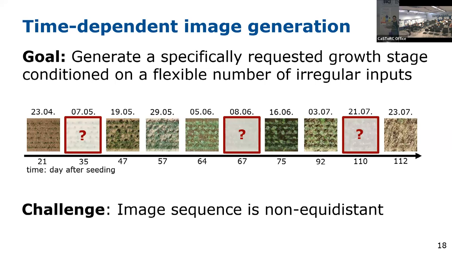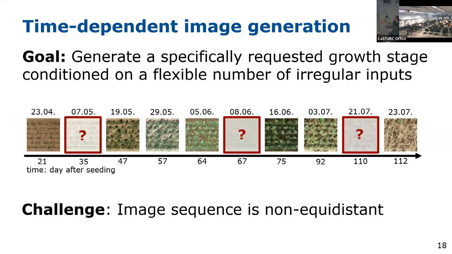Imagine you want to monitor plants and estimate specific parameters at specific points in time. So it's an advantage to have a whole time series of observations. But if you work with UAV images, you cannot always decide when you take measurements, because it might rain, it might be too windy, or your batteries are not charged. A lot of things happen in the field. So you end up with something like this.